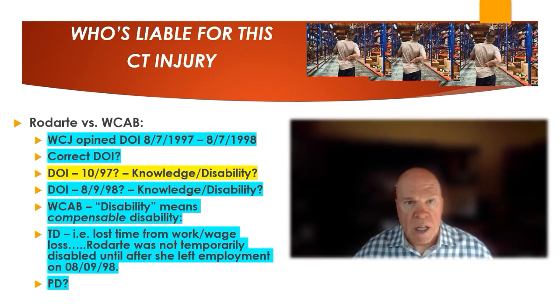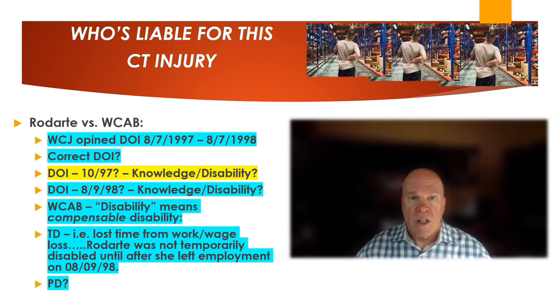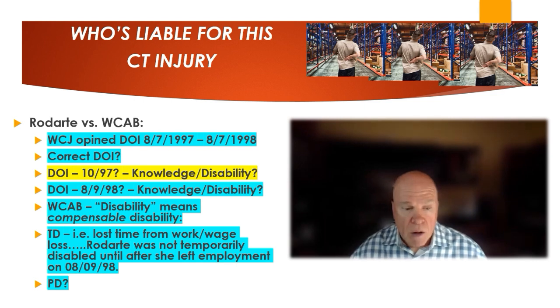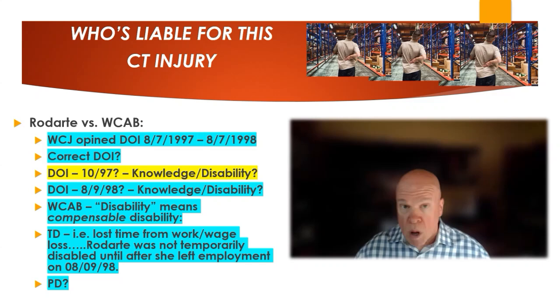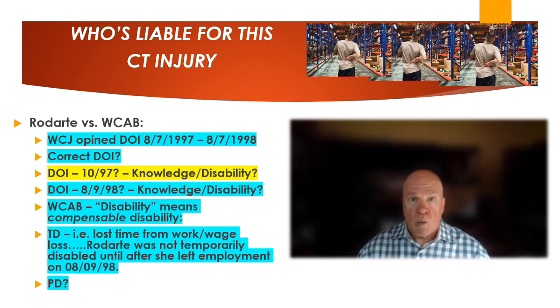So the WCAB explained their reasoning on this by defining what they defined to be disability. According to the Rodarty case, disability refers specifically and narrowly to compensable disability. Now, we have two forms of compensable disability. We have temporary disability and we have permanent disability. Now, temporary disability requires, in order to qualify as disability for establishing the date of injury, lost time from work with wage loss.